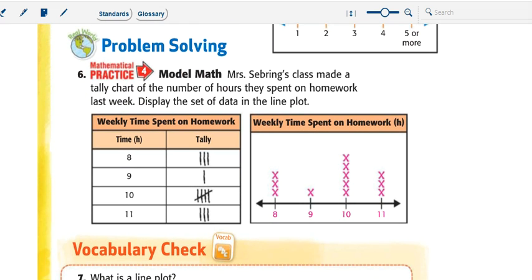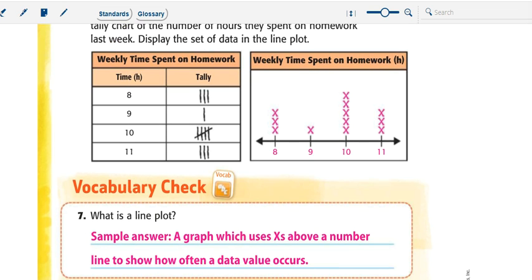Now, number 6, problem solving. Mrs. Sebring's class made a tally chart of the number of hours they spent on homework last week. Display the set of data in the line plot. Okay, so you're going to look at the tally chart and then you're going to write the information in the line plot. Remember that the numbers in the bottom represent the time, and then you're going to write how many x's over each number.